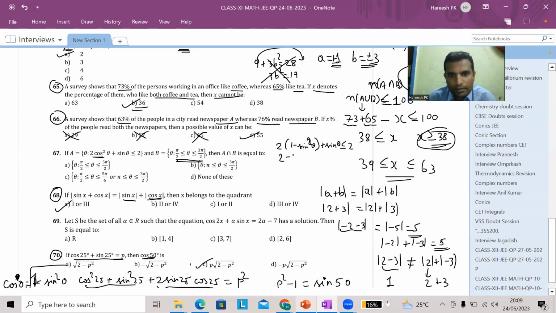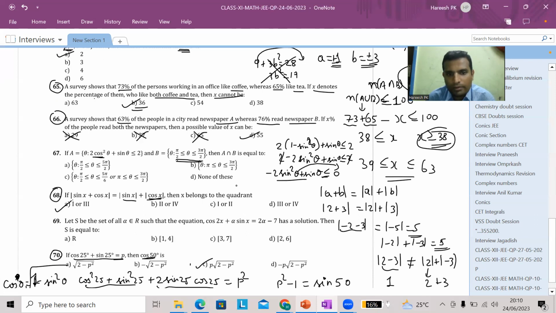Now when you expand, 2 minus 2 sine square plus sine theta less than equal to 2. So now this 2 and 2 will get cancelled. So you'll have minus 2 sine square theta plus sine theta less than equal to 0.